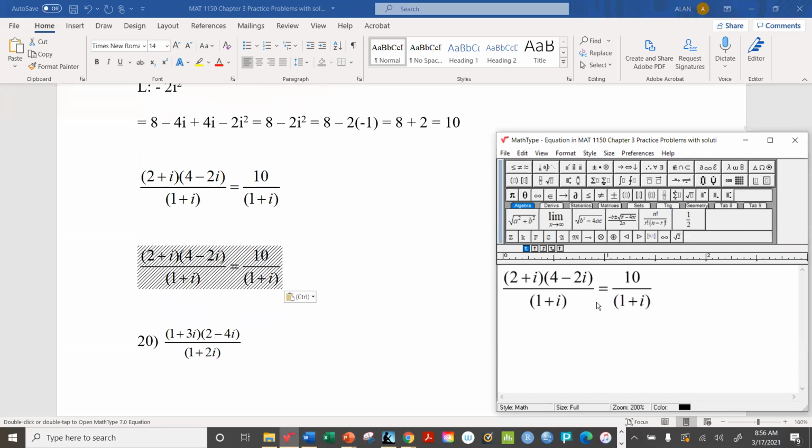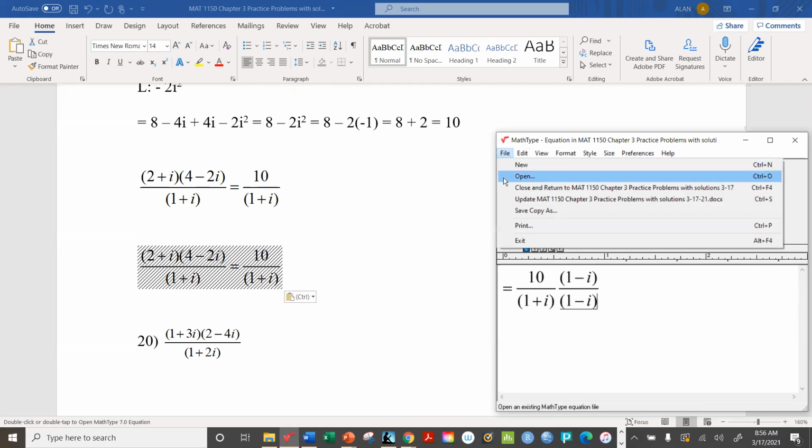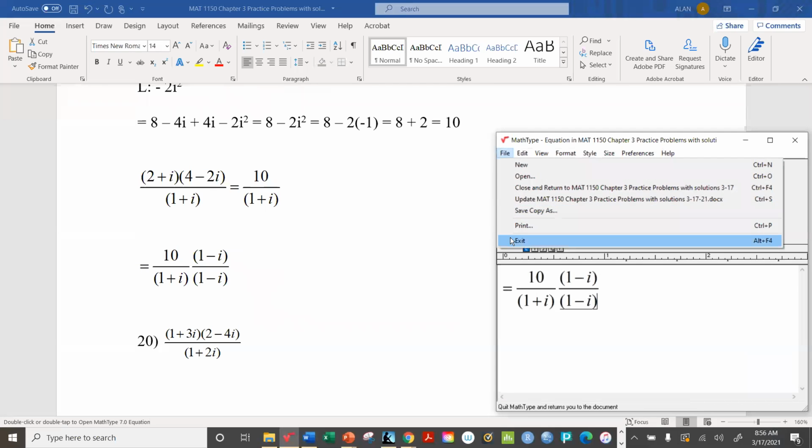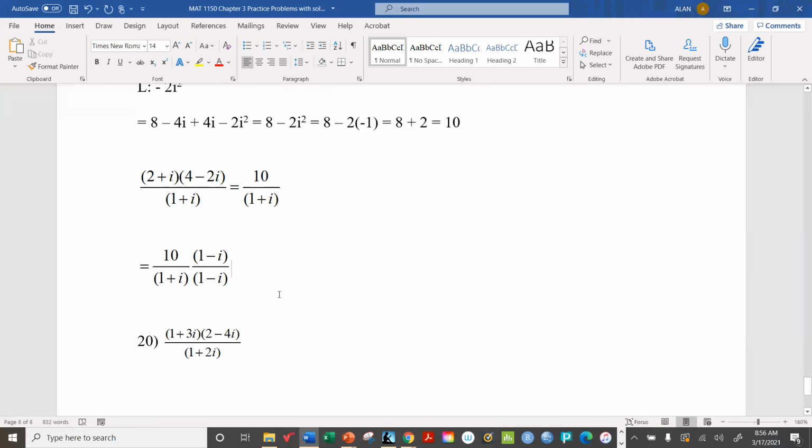All right, so here, we're going to multiply this by the ratio of 1 minus i over 1 minus i, of course. Now, the numerator is easy. This is just going to give us 10 minus 10i.